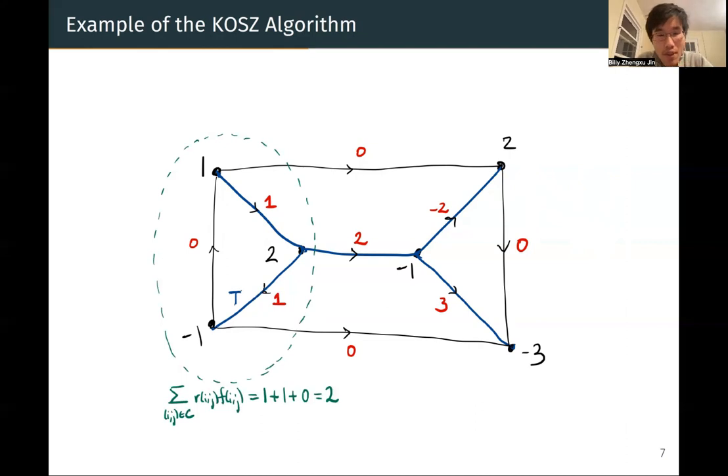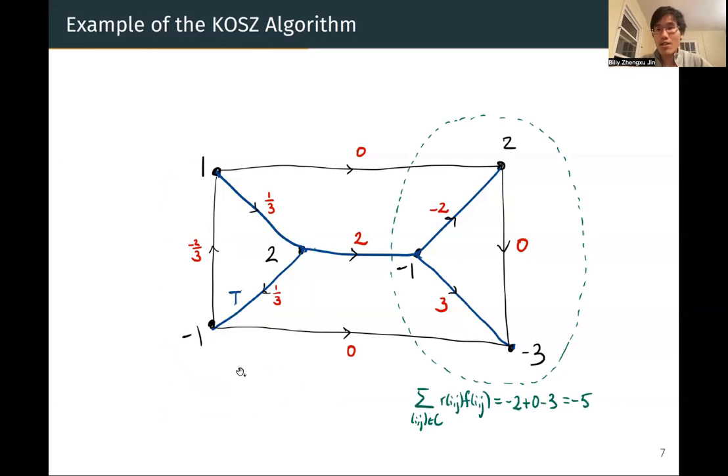At each iteration, we sample a fundamental cycle in the tree. So, for example, let's say we sample this cycle here. Note that KPL is not satisfied in this cycle because the sum of the resistances times the flow is equal to 2 and not 0. And so the algorithm is going to subtract 2/3 from each edge on this cycle, because that's the number required so that the resulting flow satisfies KPL on this cycle.